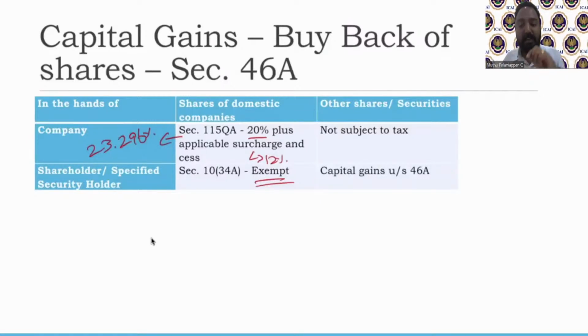What about other shares? It is not taxed in the company's hands. For other shares and securities, it is not subject to tax in the hands of companies. Instead, it is taxed in the hands of shareholders as capital gain under section 46A.